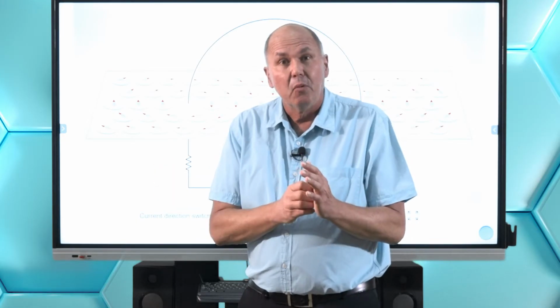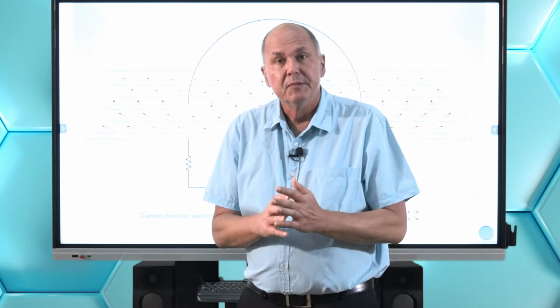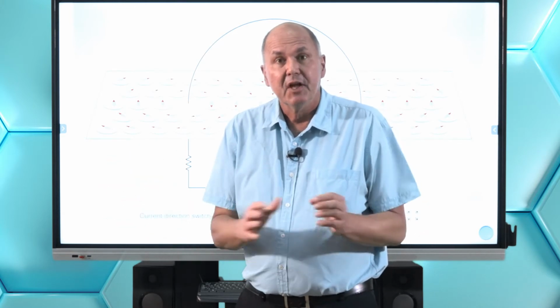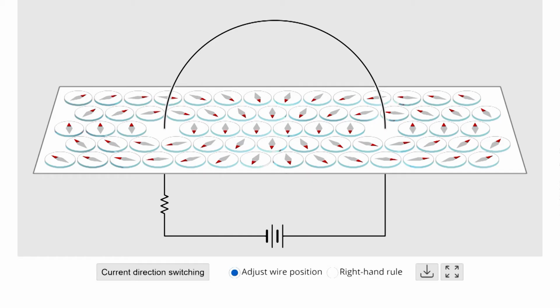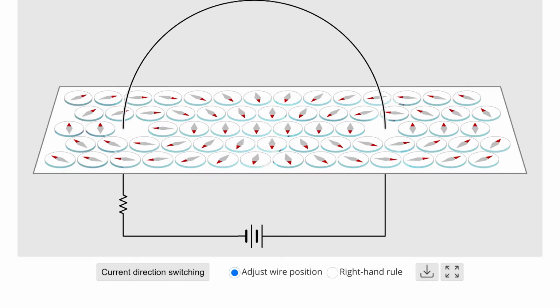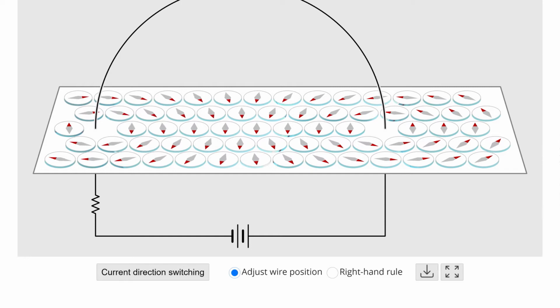So what do you think will happen to the compass needles if we move the wires closer together or further apart? Well, let's try it. If we move them further apart, you'll see the loop's got a whole lot bigger. And in the middle here, some of these compass needles are starting to align, but some of them aren't quite as aligned.